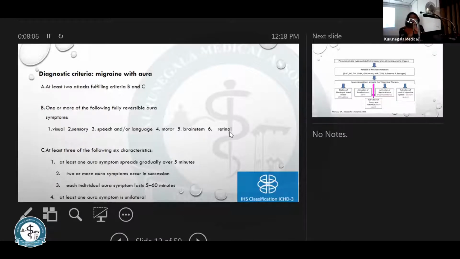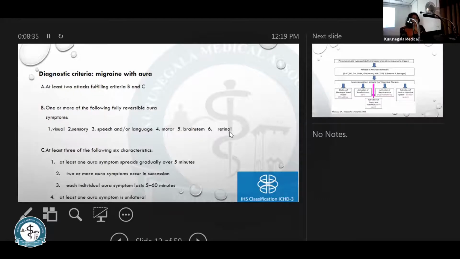And speech and language disability is another aura, where they either get aphasic or dysarthric for a short period. And they might become paralyzed on one side of the body, and brainstem auras are where they feel vertiginous, nauseated, and in the retinal aura they lose the vision of one eye.